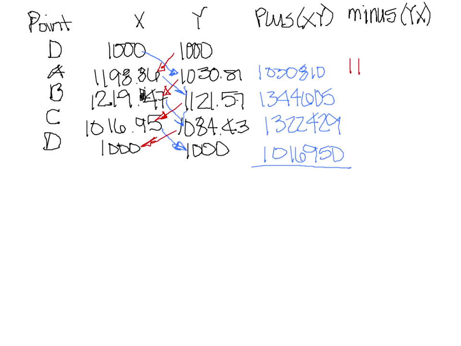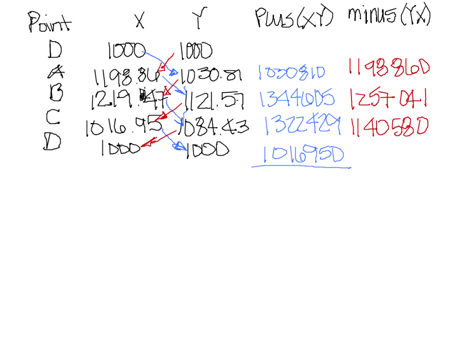That's going to give you 1,198,860, assuming all my math's right. 1,257,041. 1,140,580. 1,084,430. Okay? You're going to add up this column, you're going to add up this column.